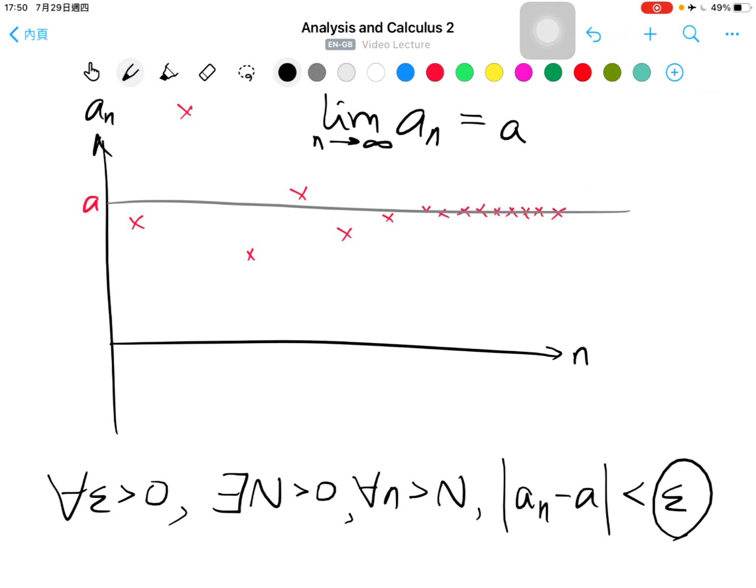Again, no matter what deviation you give, I can always tell you how many terms to dump starting from the first term, a1, so that the rest of the terms have a distance from a less than the deviation you tell me. This is the formal definition of a limit.